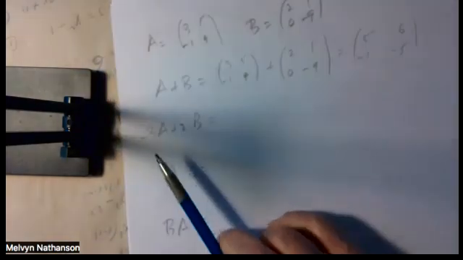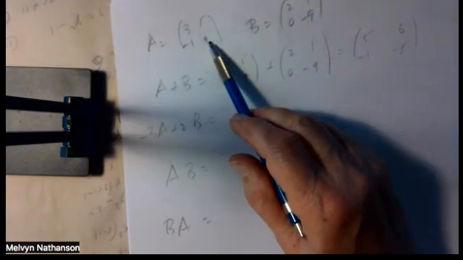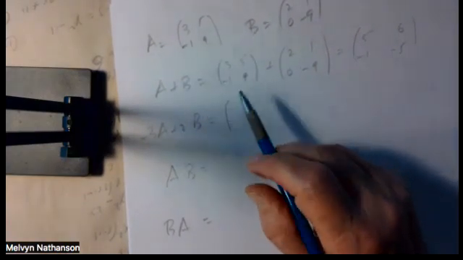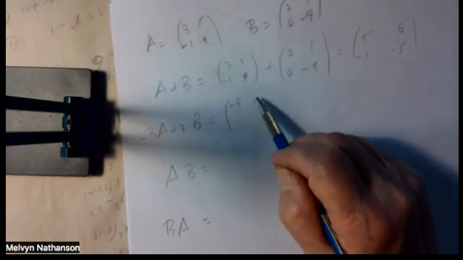Let's make this more interesting. Minus 3A plus 2B. If I take the matrix A and multiply it by minus 3, I multiply each coordinate by minus 3.